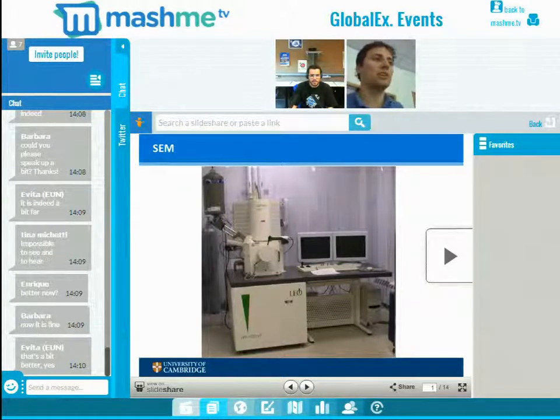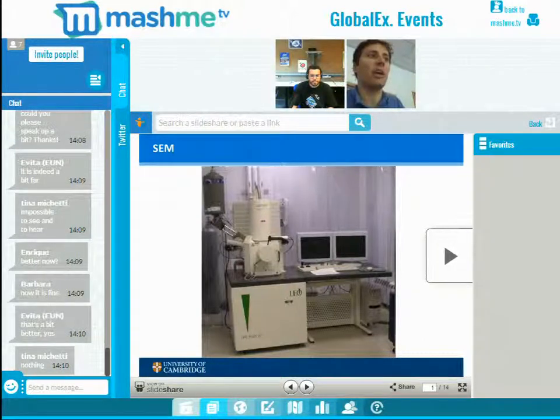So here you can just see a photo of the SEM we are using, and on the right hand side you've got the PC and the monitors, so that's the control unit, and on the left hand side, the top bit is where the electrons are accelerated, and the bottom bit is where you have your sample sitting in the chamber.